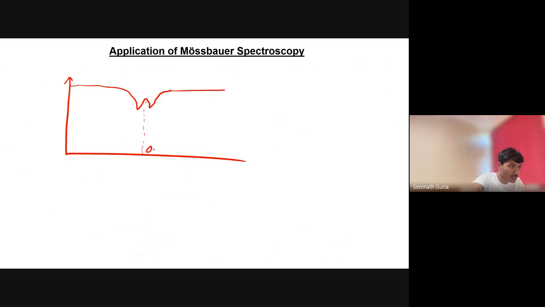This is 0.39 millimeter per second. This is the Fe3 unoxidized, in ground state, before oxidation.